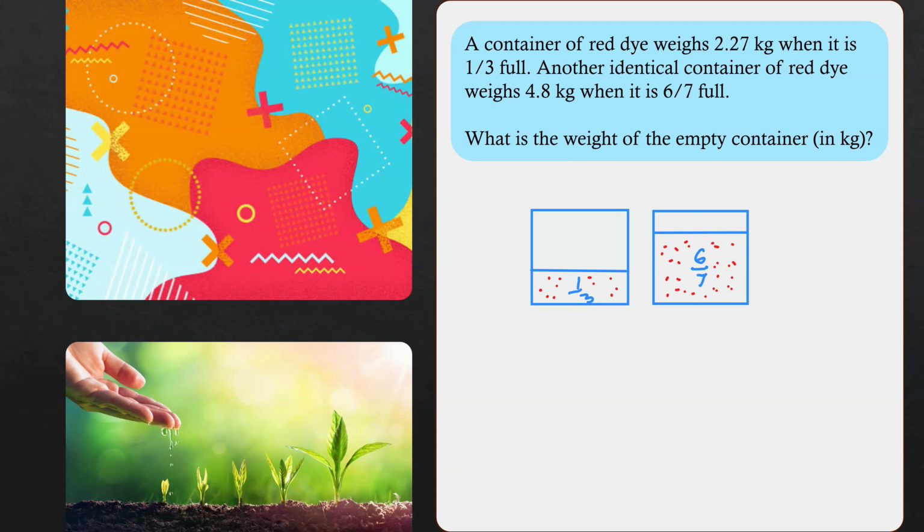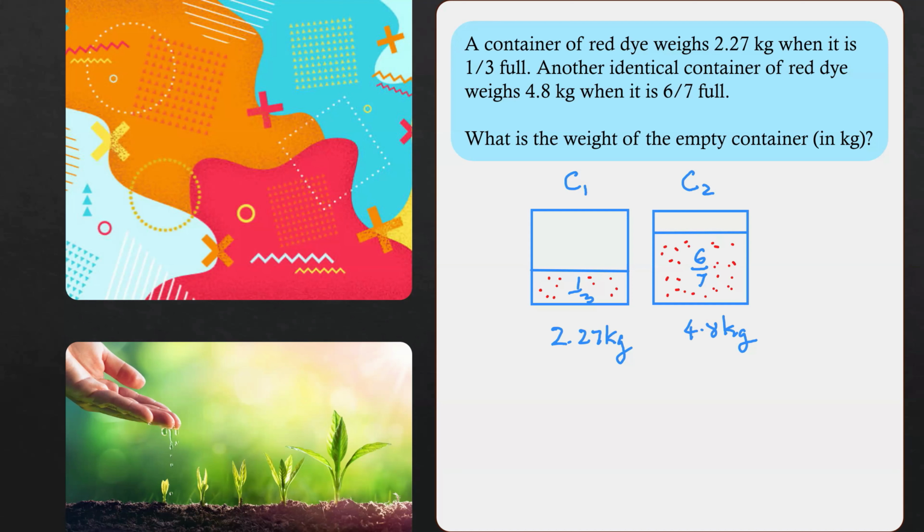Now, let's see how the problem should be solved. They give you the weight of container 1. So let's say this is container 1, so I say C1, and this is container 2, I say C2. The weight of the entire container is 2.27 kilograms, and the other one is 4.8 kilograms. Now, the two containers are exactly the same, identical, of the same size.